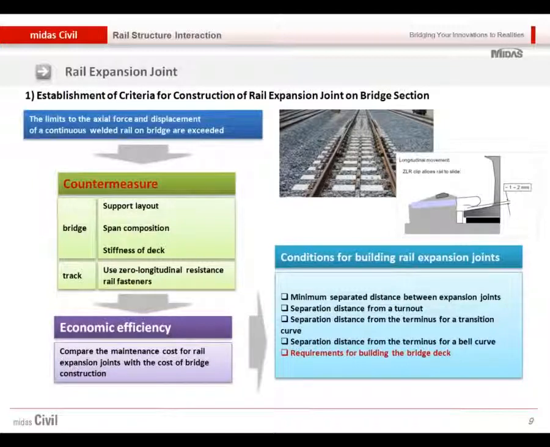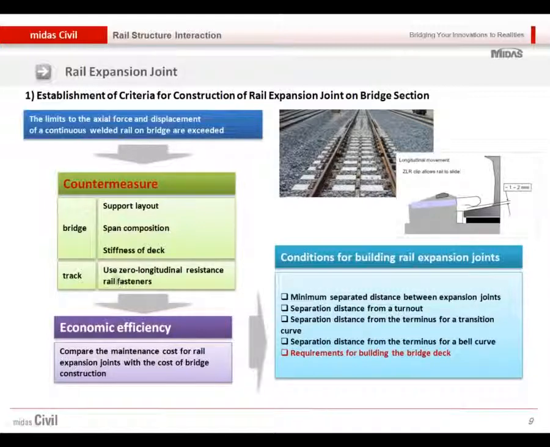After we check the axial stress and deformation, if our stress or deformation is not satisfied, then we need to redesign it. In this case, we will try to change some of the conditions, like the support layout and span composition, stiffness of the deck.